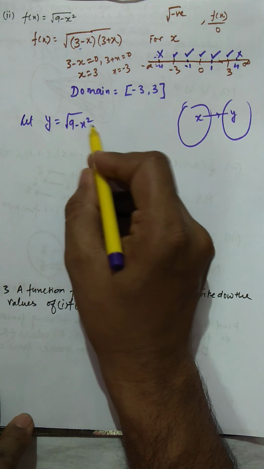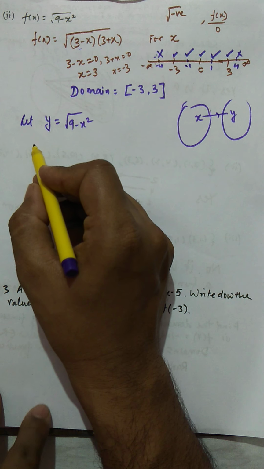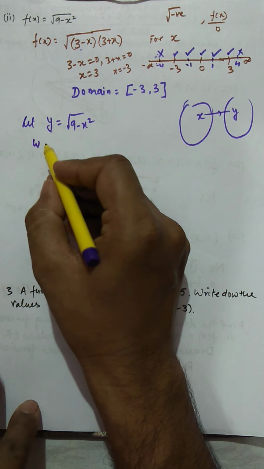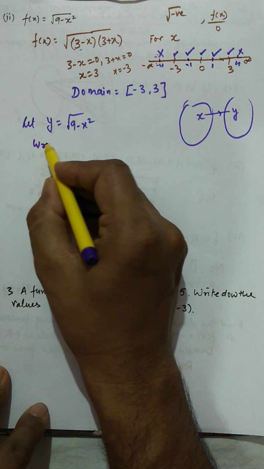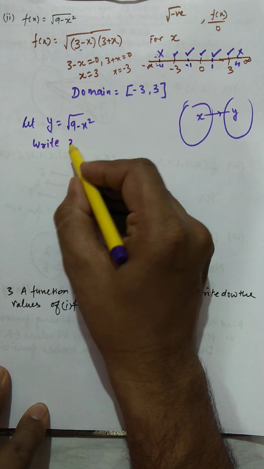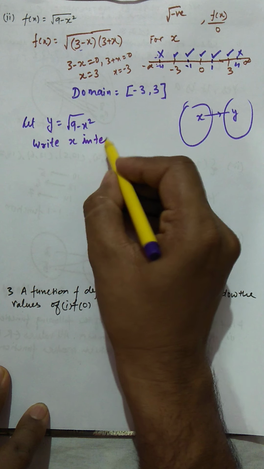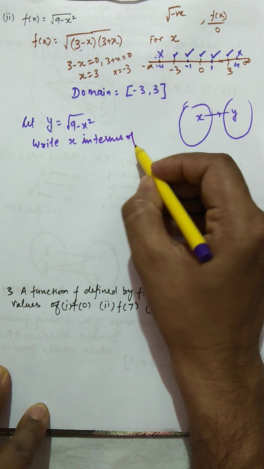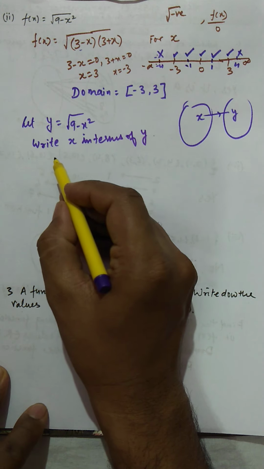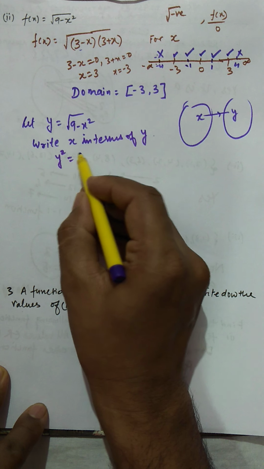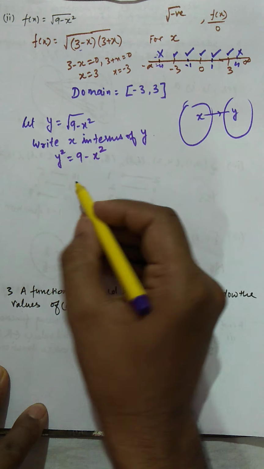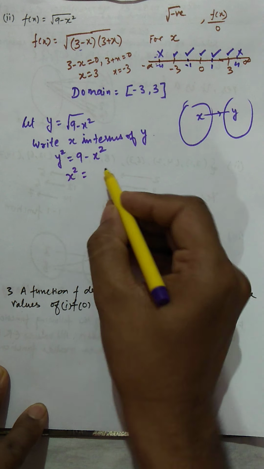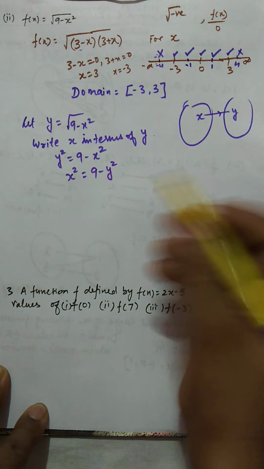So after writing this, you write x in terms of y. This is a step that you can follow in all questions. Write x in terms of y. So do the squaring on both sides. This is 9 minus x square, and then you can write x square equal to 9 minus y square.